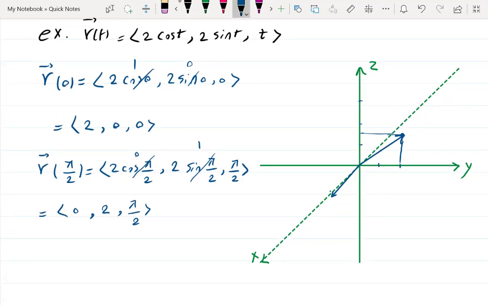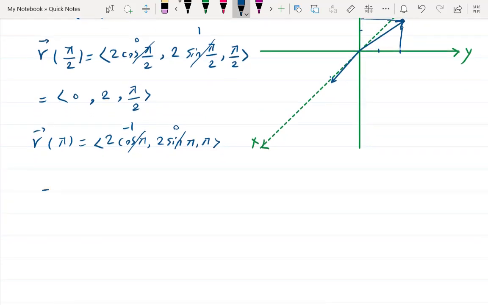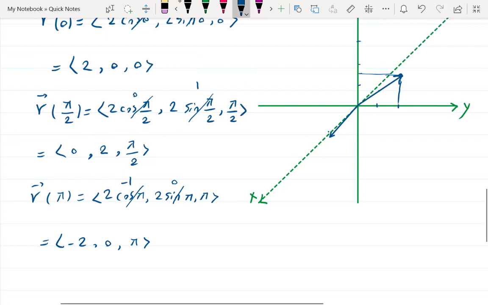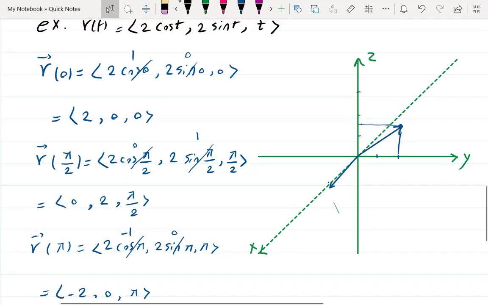The next one, we plug in pi. 2 cosine of pi, 2 sine of pi, and pi. Cosine of pi is negative 1, sine of pi is 0, so we have negative 2, 0, pi. Negative 2 is here and pi is here.